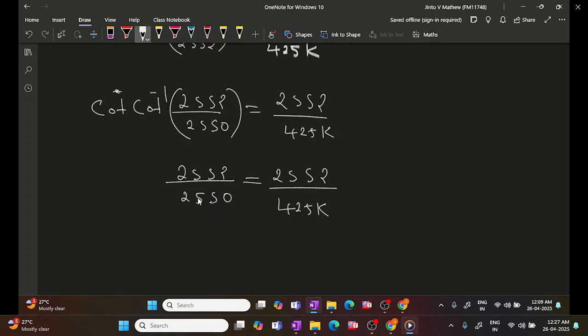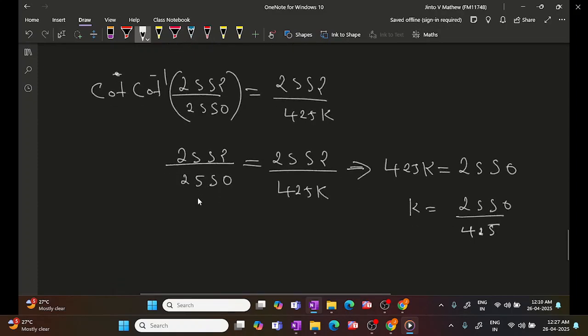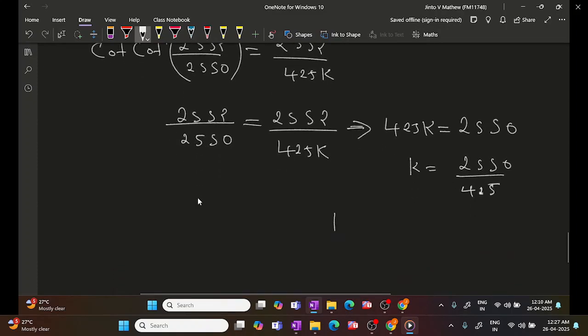These two are getting cancelled, which implies that 425k is equal to 2550. Therefore, k equals 2550 by 425. So it is clear that the value of k is 6. So the answer for this problem is 6.